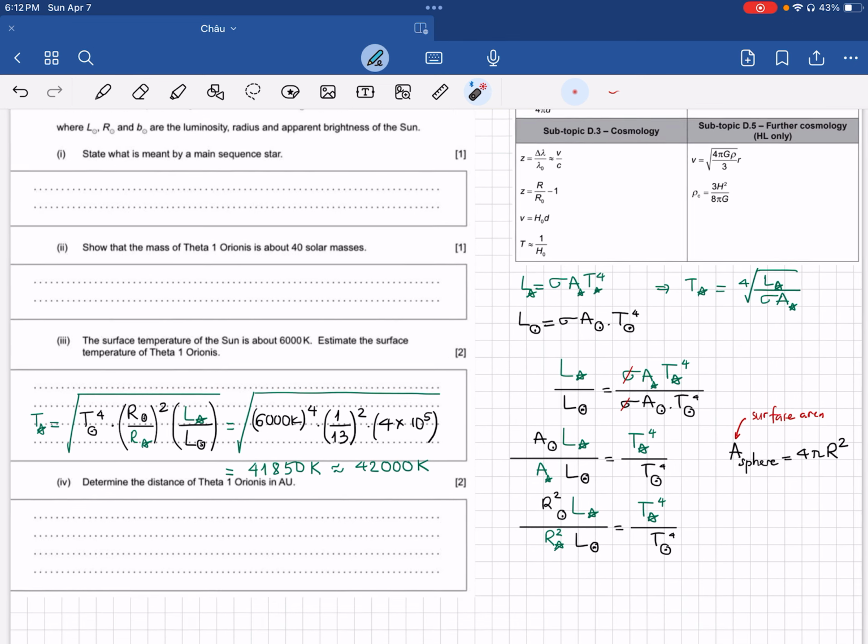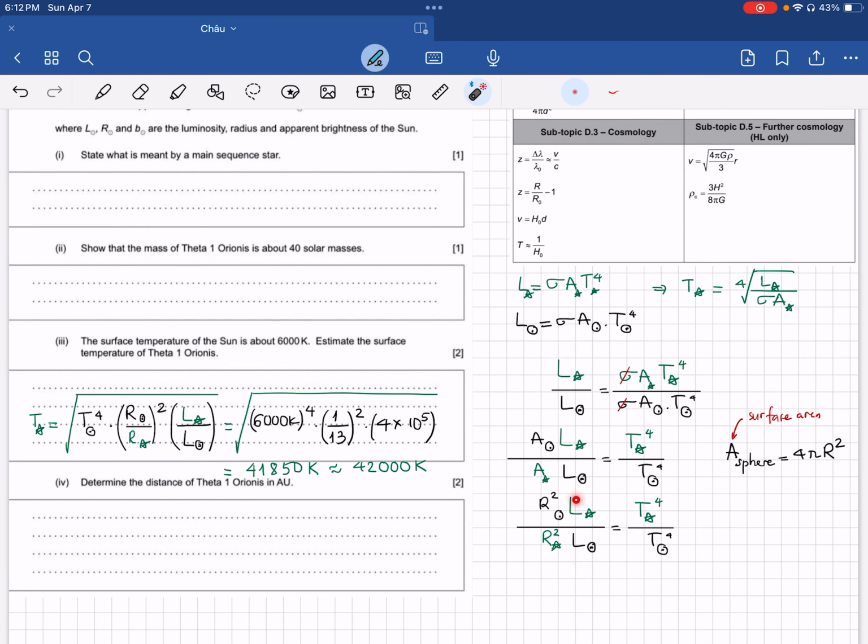Just rearrange to solve for the star. This one should be the fourth power of this expression, this one multiplied with this ratio. Then we just take the fourth root of it and plug in the values.